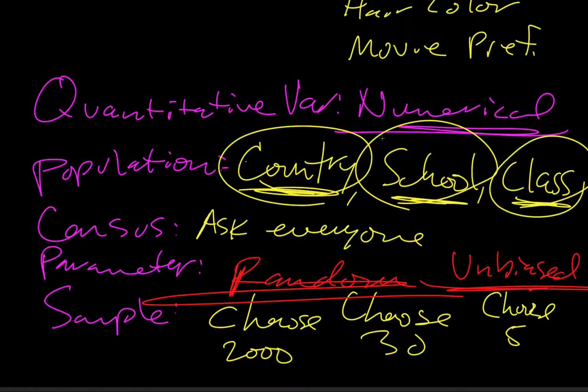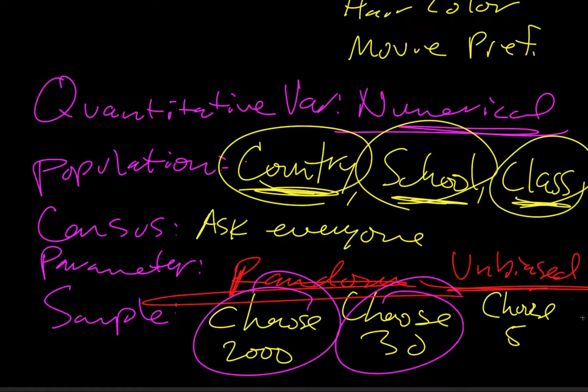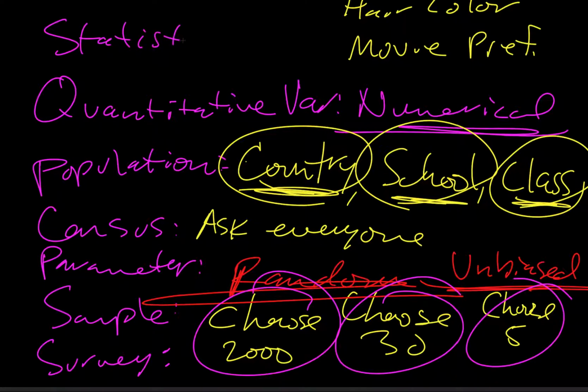Now, if we ask a sample, depending on our population, that's called a survey. So we're only going to ask those. A survey is a collection of information from a sample. And then the last word, statistic: a quantity calculated from data gathered from a sample, usually used to estimate a population parameter.